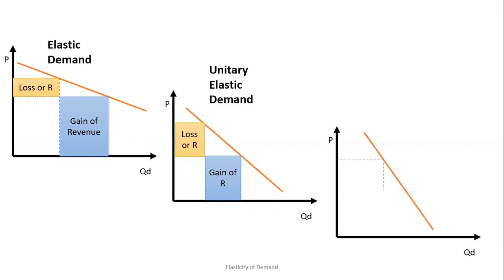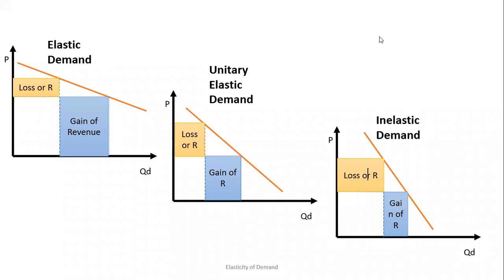Next, we can see that because of the decrease in price, the magnitude of loss in revenue is quite large and the magnitude of gain of revenue is quite small.